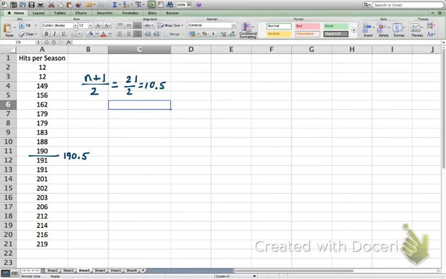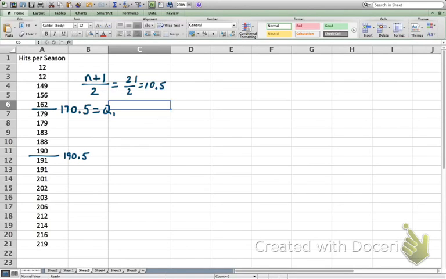If we count down through here, 1, 2, 3, 4, 5, and 6, it's between 162 and 179. If we average 179 and 162, we get 170.5. And that is going to be our Q1.